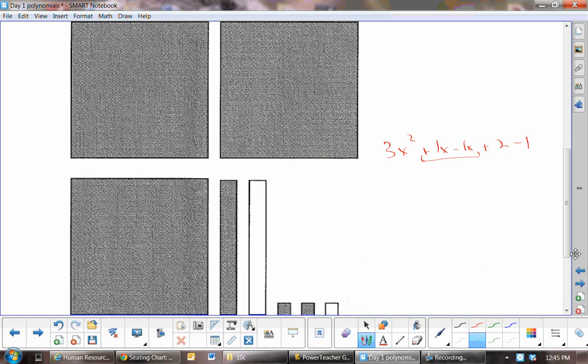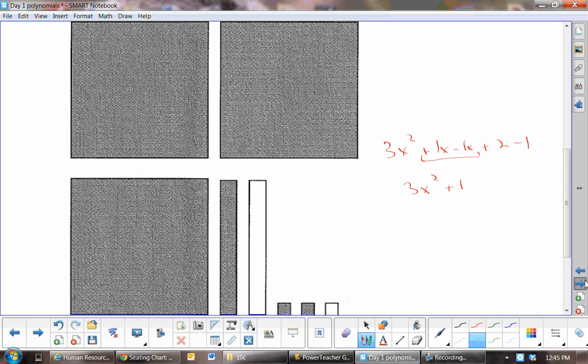They both die. Or they both live. Touche. So 3x squared, and then 2 minus 1, positive 2, negative 1, positive 1. So just 3x squared plus 1. Okay?